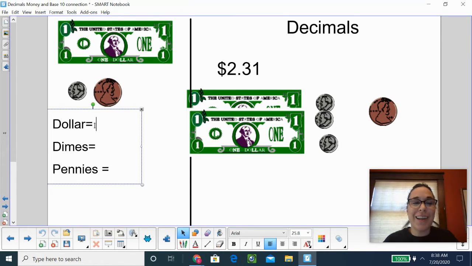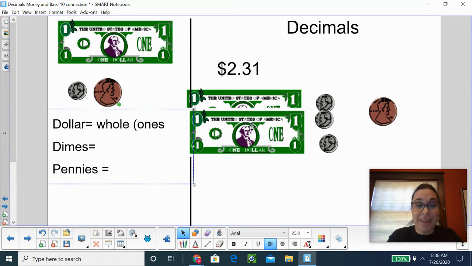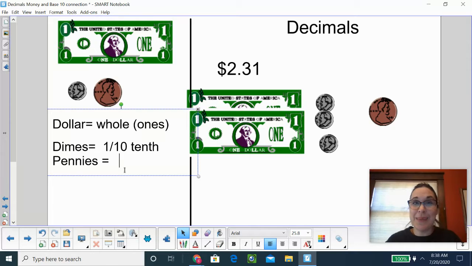When we think about our dollars, we think about those as being our wholes or our ones. Dimes, how many dimes are in a dollar? 10. So with decimals, we would say it's 1/10 of a whole. Pennies, how many pennies do you need to build a dollar? 100.